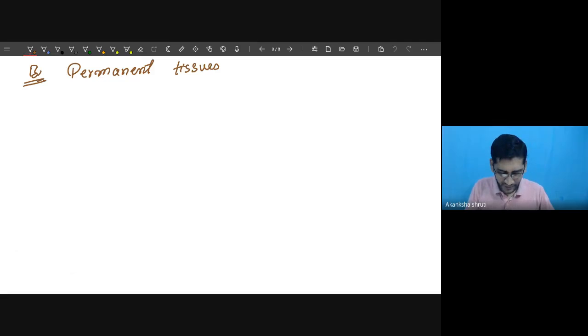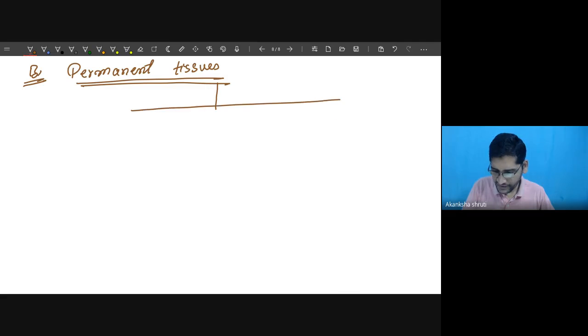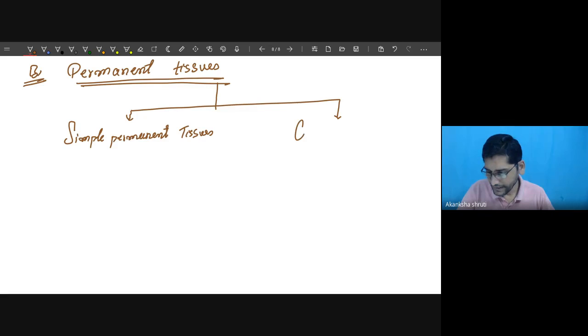Now these permanent tissues can be classified into two categories. One is called simple permanent tissues, and another one is called complex permanent tissues.